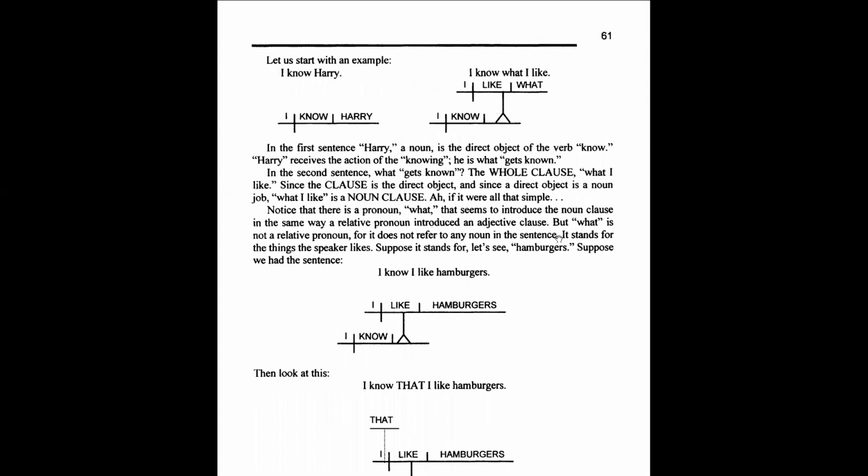Let's continue. Let us start with an example. I know Harry. So you've diagrammed this many times before. I know Harry. You have the I, which is our subject. You have the verb, know, and then you have the direct object, Harry. And you've diagrammed that many times.